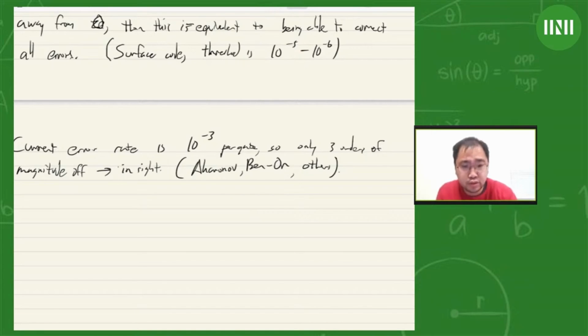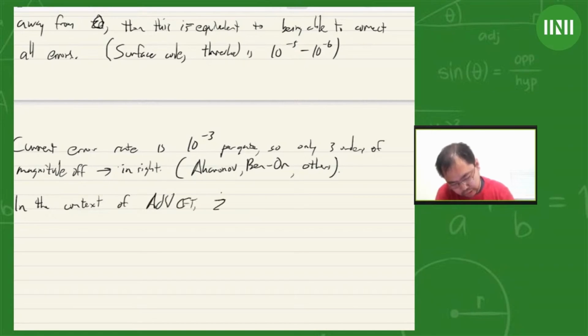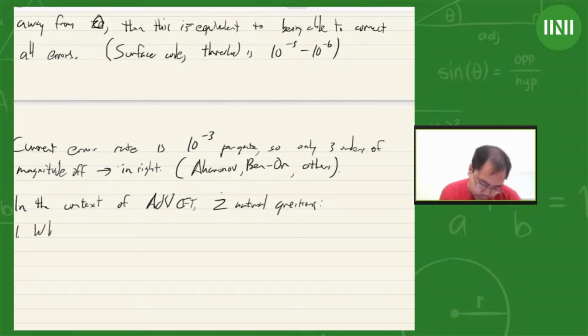So this means that in the context of AdS/CFT, there are two natural questions. First, what is the holographic manifestation of fault tolerance?